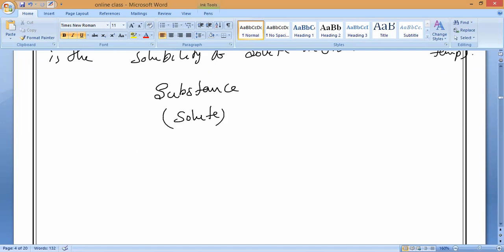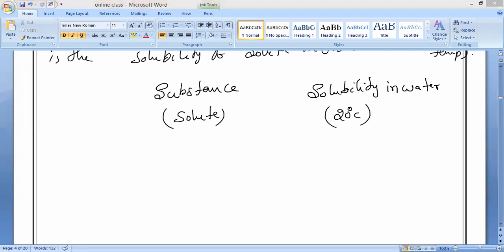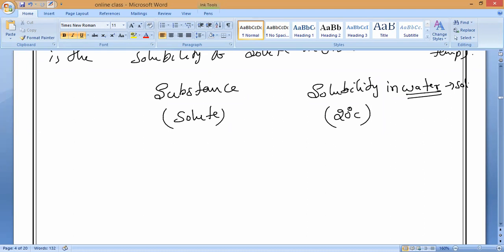Next one, solubility in water. At what temperature will we take? 20 degrees Celsius. Who is the solvent here? Water. So if I take another solvent, the value will change.